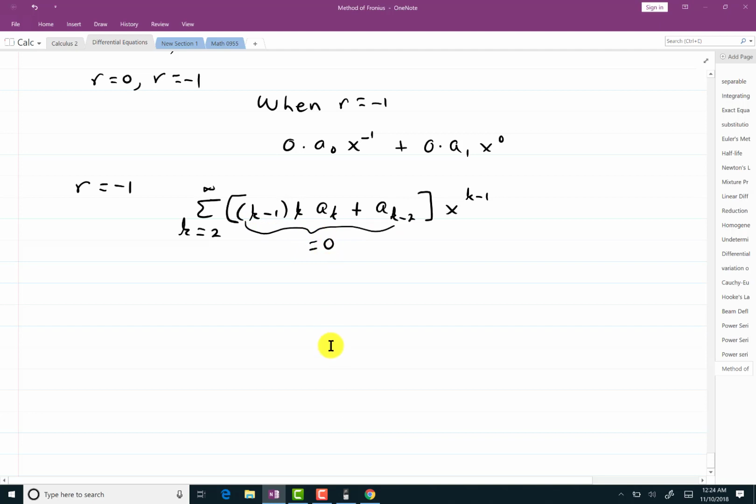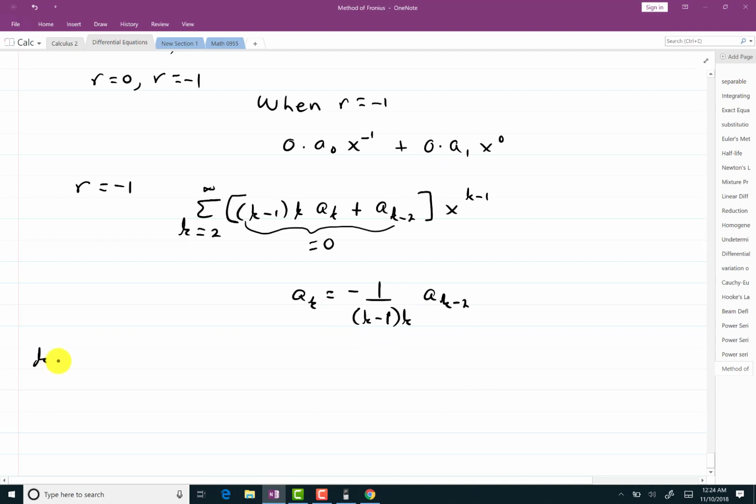Now let me solve for a sub k. A sub k will equal negative 1 over k minus 1 times k, a sub k minus 2. So now k starts at 2, and so I have two free constants, a0 and a1, running around. And these jump by 2. So take a look at this.